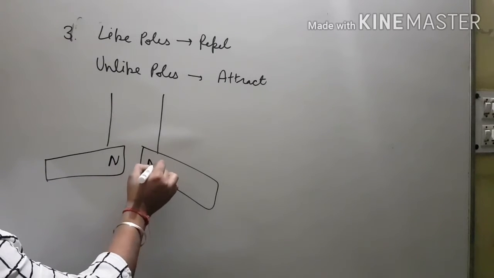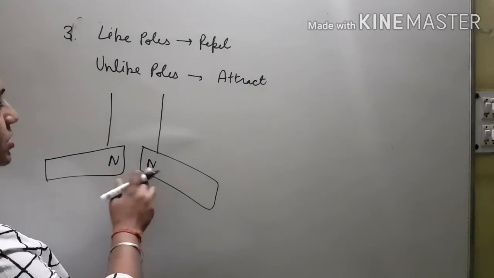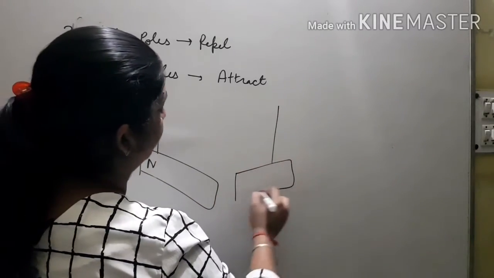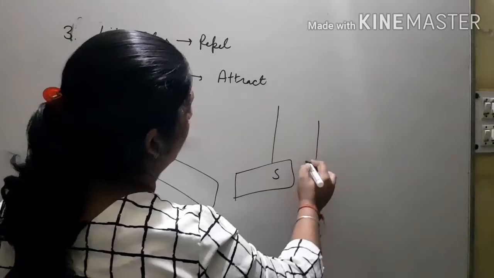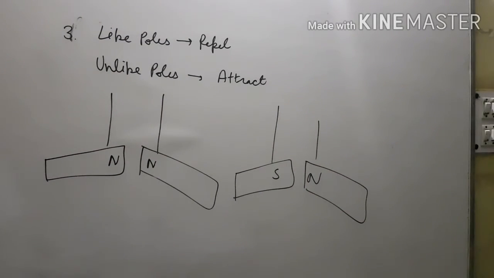If north and north pole come near each other, then both magnets will repel each other, and the same for south. But if south and north pole come nearer to each other, then they attract each other. So like poles repel each other and unlike poles attract each other.